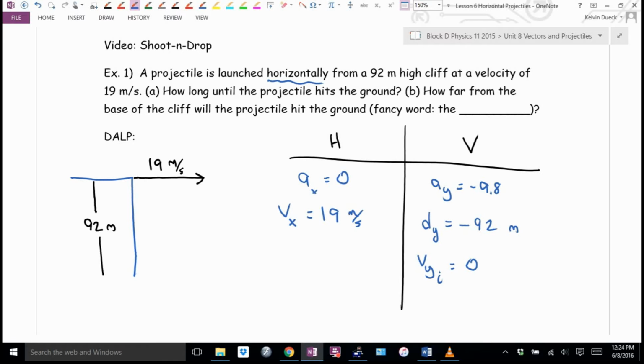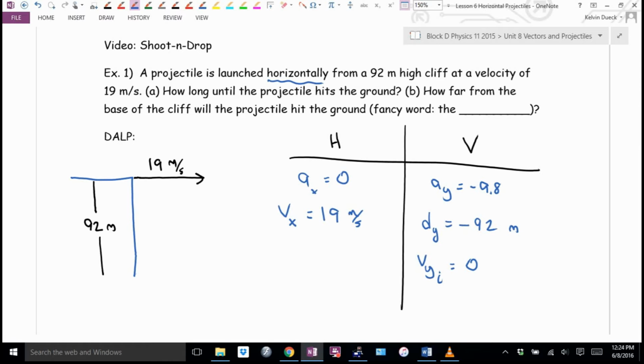How many pieces of information do I know in the vertical column? I'm going to find time vertically. If I had 3 pieces of information in the horizontal column, I'd find time horizontally. And when I say horizontally, what I really mean is vertically, A is going to be negative 9.8 whenever I write an A. Horizontally, A is going to be 0 whenever I write an A.